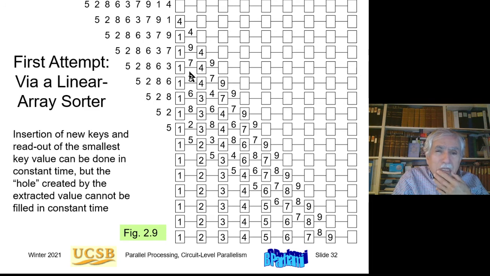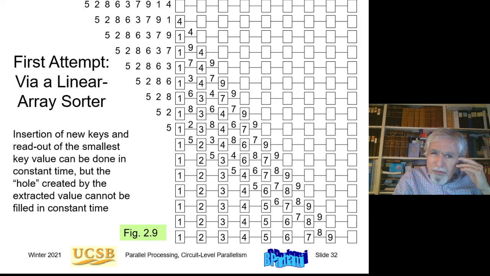So I need to do some rearrangement of the contents of the queue so that when I extract the smallest value, the other values are rearranged so that the next smallest number now sits here. And this cannot be done with this architecture, because I extract 1 and now 4 is sitting here. Actually 3 is the next smallest, then 4.